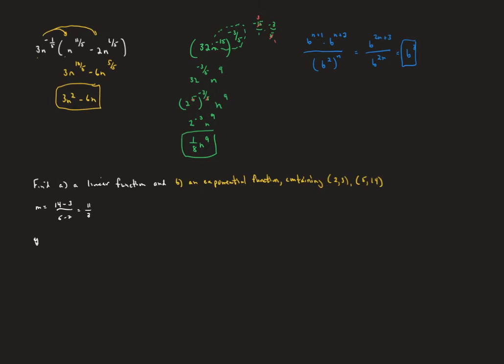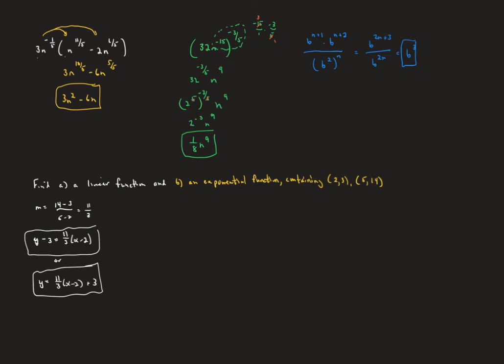So that would be y minus 3 equals 11/3 times x minus 2, and we're good to go. If you really want to write it in functional notation or get the y by itself, you could then add that 3 to the other side, and you can always do more, but I would be totally okay with that.